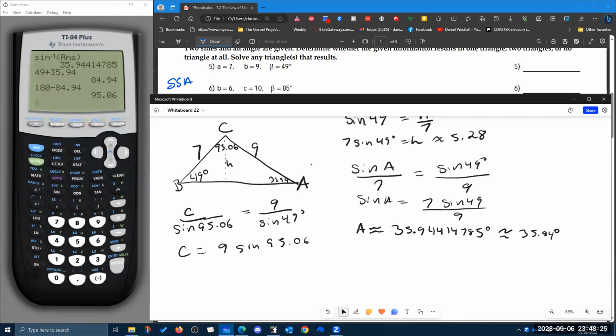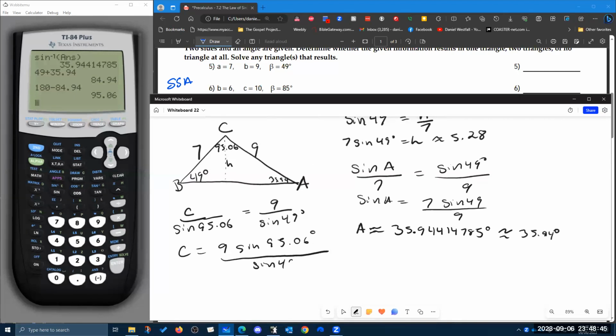Now, if I wanted a more exact answer, I could leave all of this in there and figure out exactly what sine the angle was to a lot of decimal places. I'd get a more precise answer, but let's just assume we don't need that much precision.